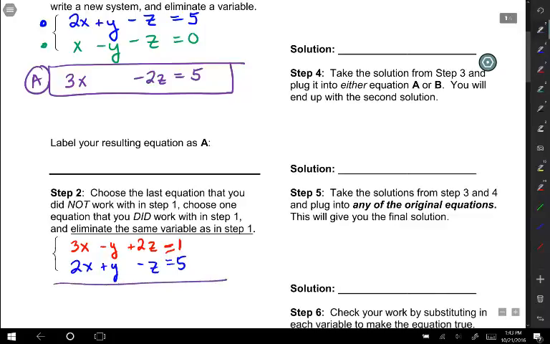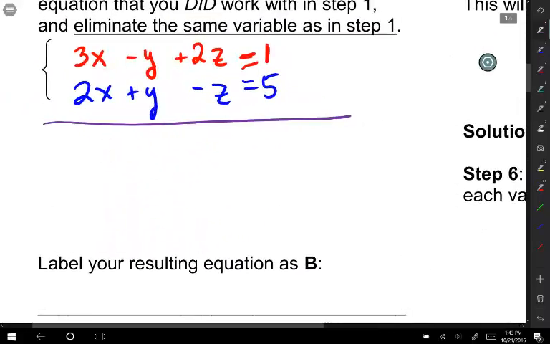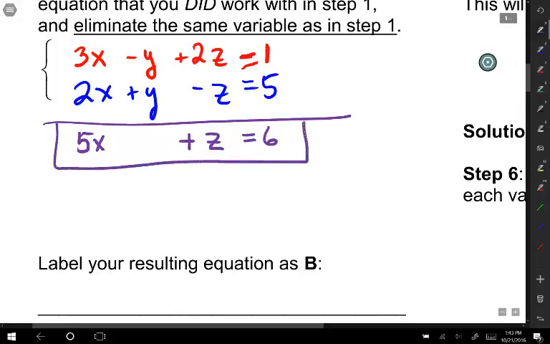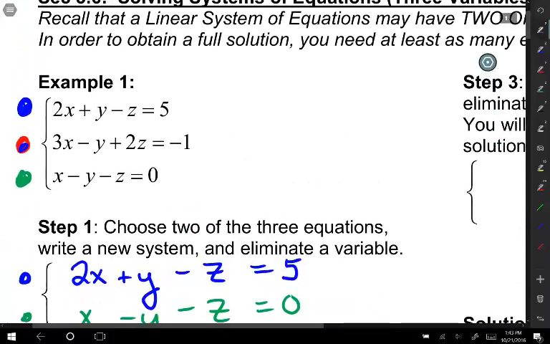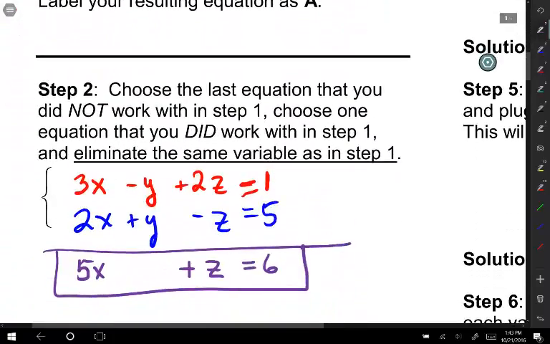Do the y's drop out? Leaving me with 5x plus 1z equals 6. No. Equals 4. It's a negative. Oh, is that a negative 1? Sure enough, thank you. Nice catch, Julia. That would have come back to haunt us. Okay, let's call that equation B.